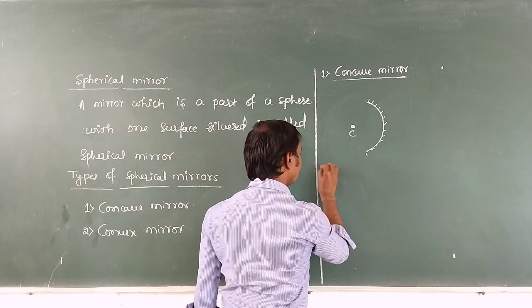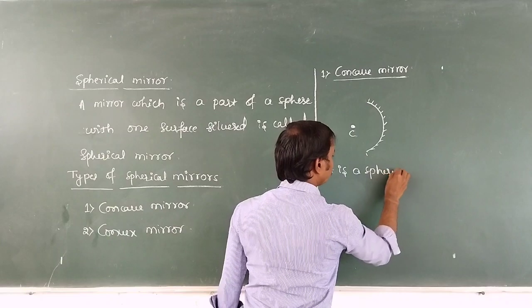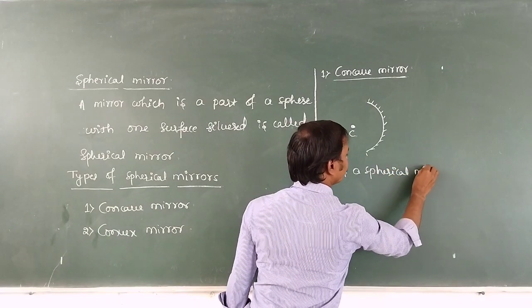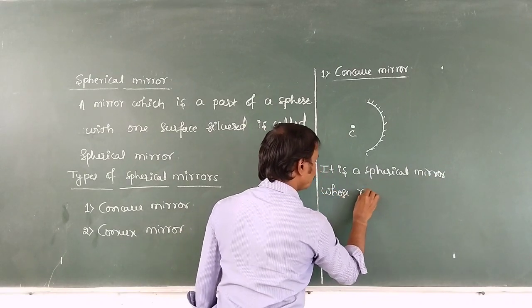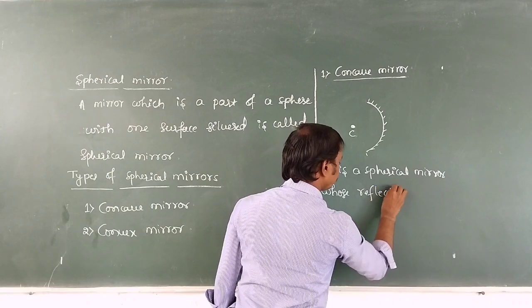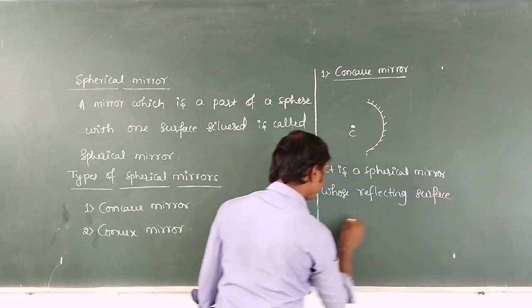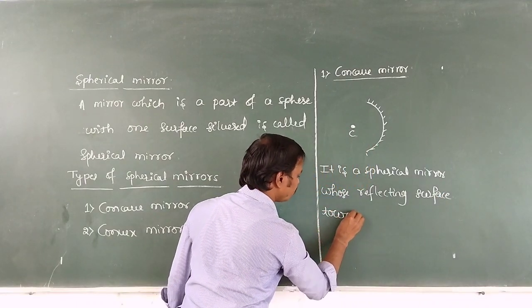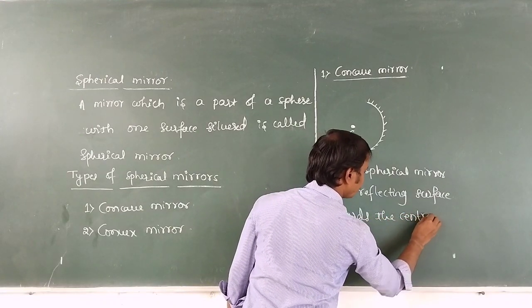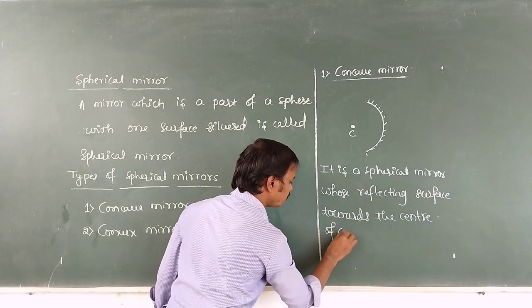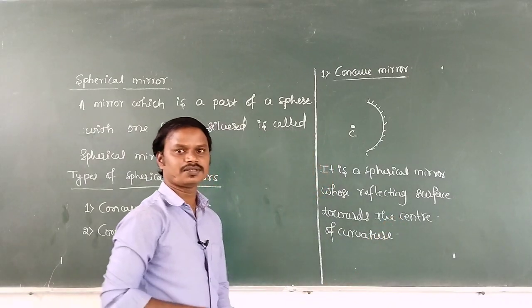It is a spherical mirror whose reflecting surface is towards the center of curvature.